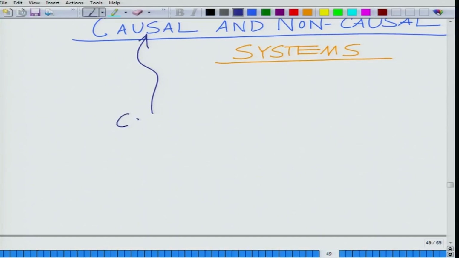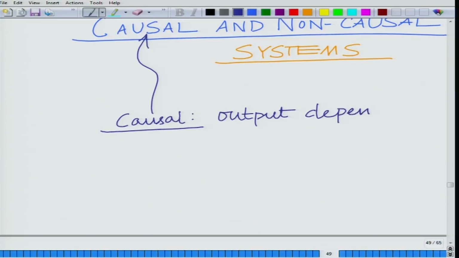causal implies, or a system is causal if output depends only on x(t). Output y(t0) depends only on x(t) for t less than or equal to t0.